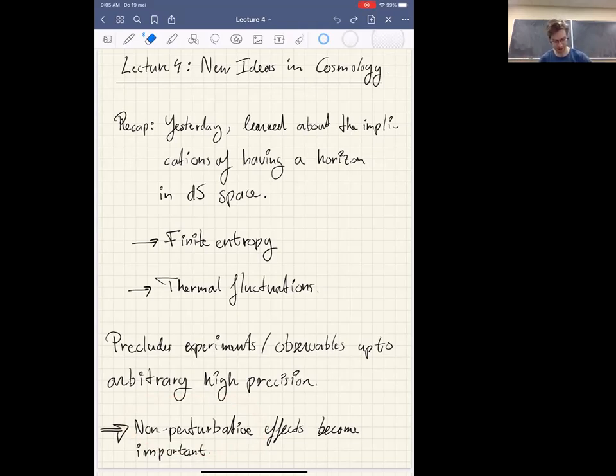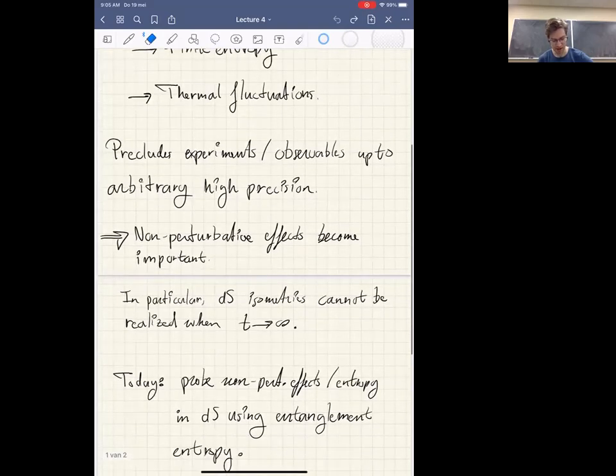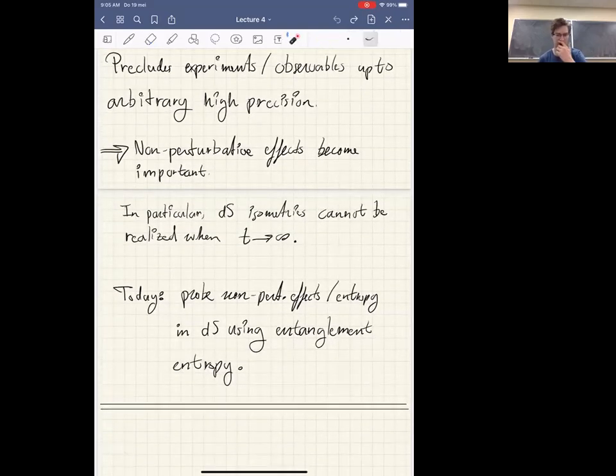We also reviewed an older argument that if you go beyond perturbation theory and consider non-perturbative effects, then the de Sitter isometries cannot be realized in eternity. If you take t to infinity, non-perturbative effects should break the de Sitter isometries. You can perhaps think of this as setting a finite lifetime on any de Sitter-like universe.